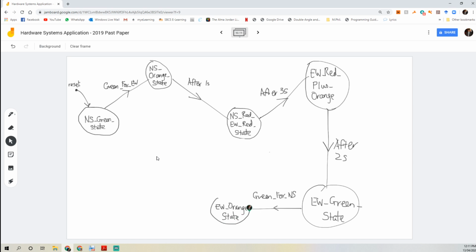Right? I'm going to stay in this orange state for 1 second. So I'm just going to bring this up here to kind of save some space. So after 1 second, I'm going to repeat this state here again. So we have to draw a separate state bubble for that here now.